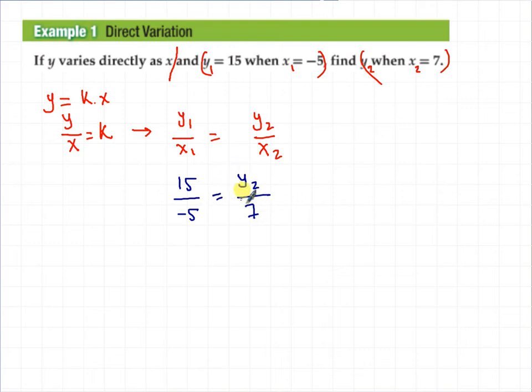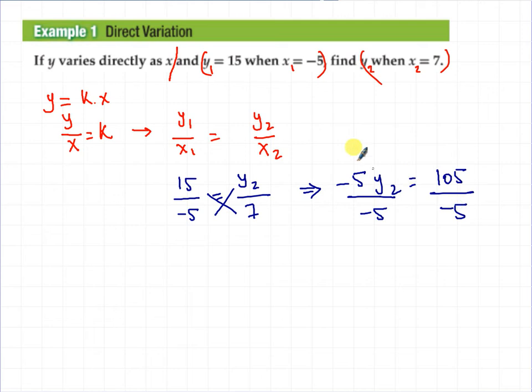Now, how do you solve for y2? Of course, we cross multiply, so minus 5 times y2 is minus 5 y2 equal 15 times 7 is 105. So over minus 5, those minus 5s cancel out, and I'm left with y2, which is equal to 105 over negative 5.